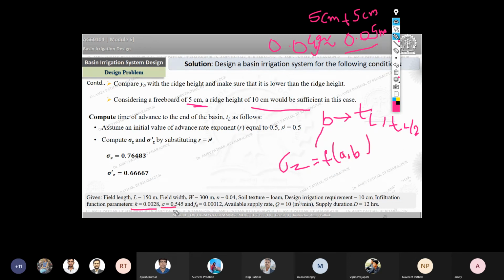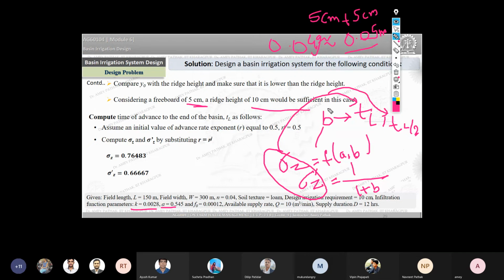A is given, and with this assumed value we are calculating sigma Z, and similarly sigma dash Z, which is again given by 1 upon 1 plus B. Once this is known, we can use this to calculate TL and TL by 2.